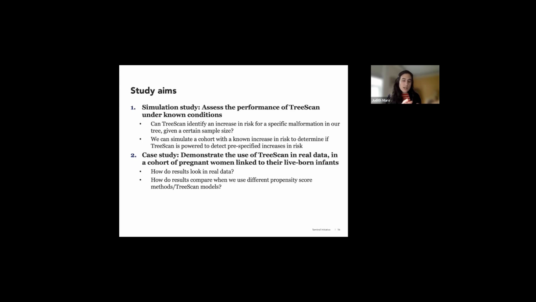The simulation study allows you to set a ground truth, so then you can go ahead and check the ability of TreeScan or any other type of signal identification program to detect that ground truth that you've already pre-specified. So it's the equivalent, obviously, of a controlled experiment. Whereas in a case study, an empirical data study, you aren't setting that ground truth in advance.